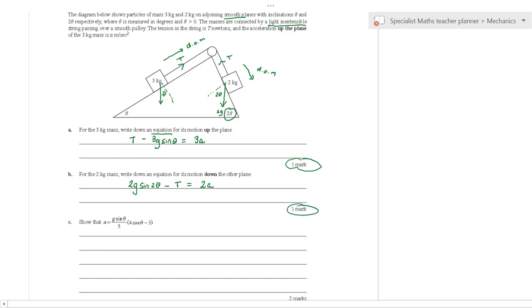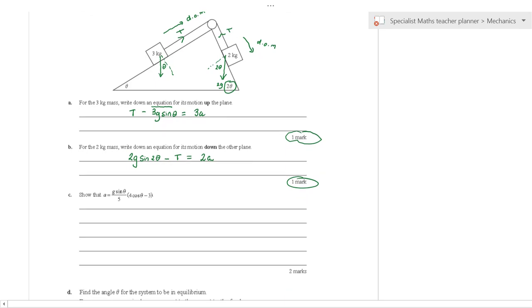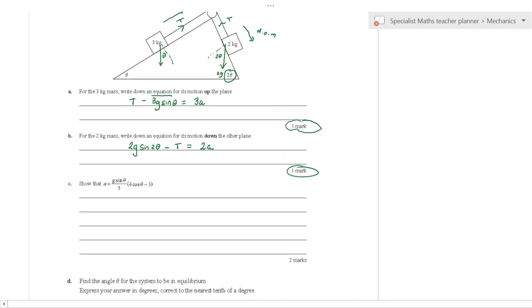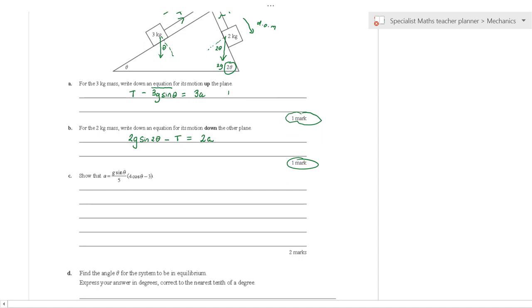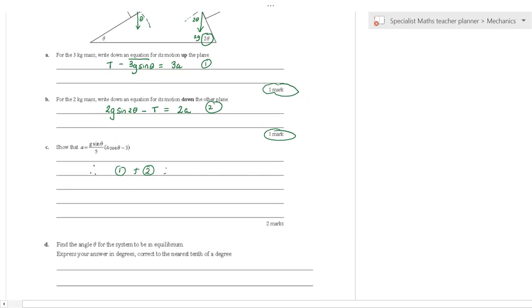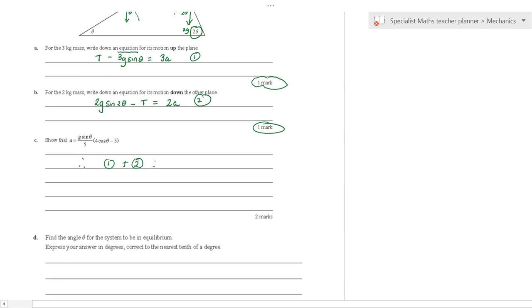And we stop. Show that a is equal to g sine theta and so on, 2 marks. So we're going to call that equation 1, and that equation 2. Therefore, we're going to add equation 1 and equation 2, because these T's are going to cancel out. 5a is equal to 3g sine theta.